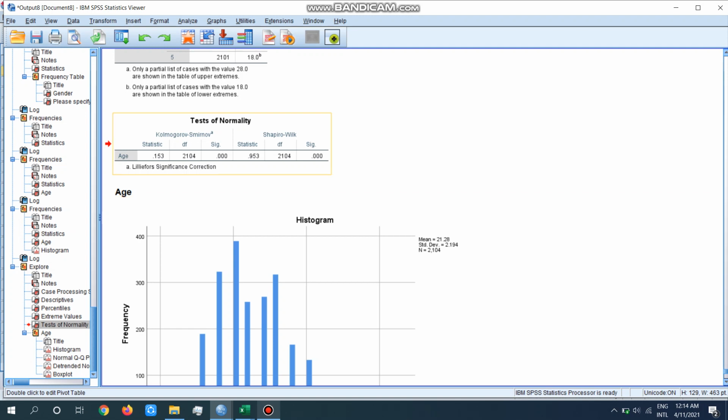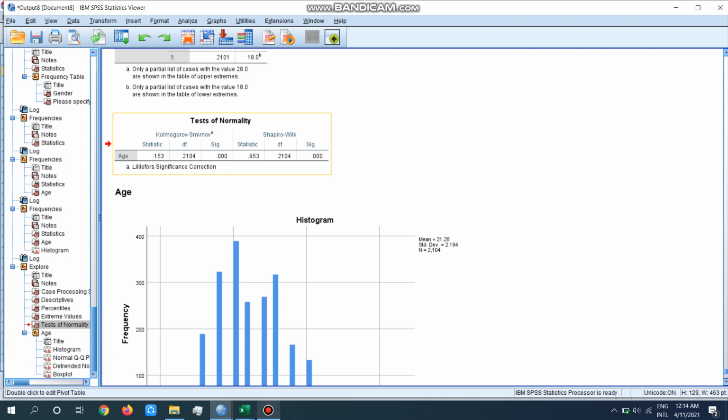Now we can see here the significance of this assumption, which is the alpha level. It is 0.000. It's clearly less than 0.05, which is the commonly used alpha level for significance.